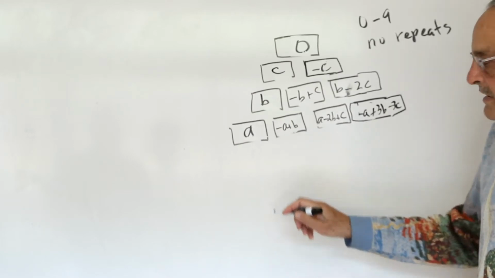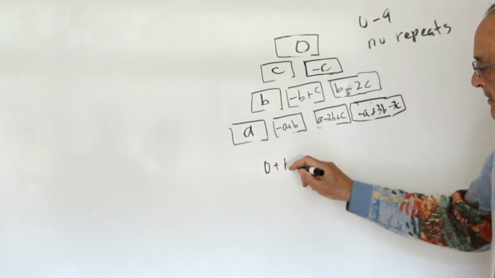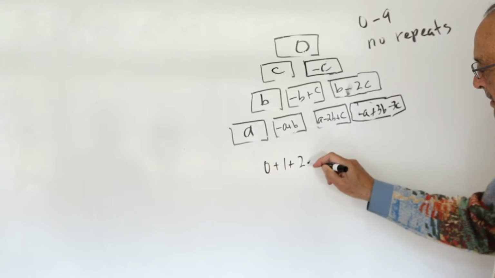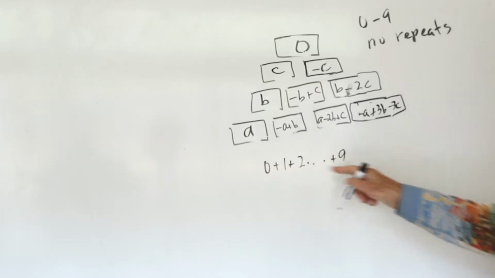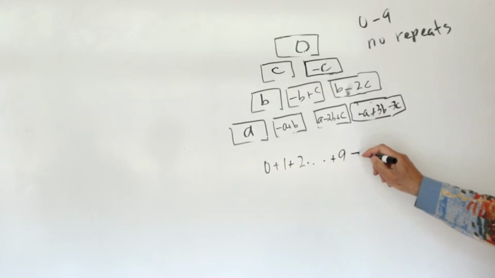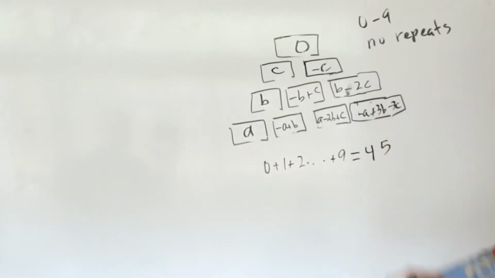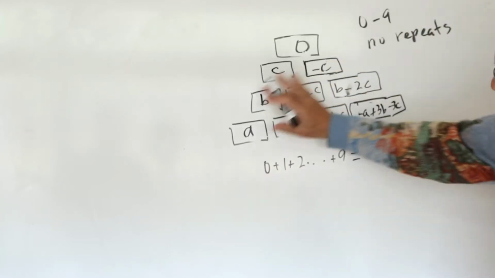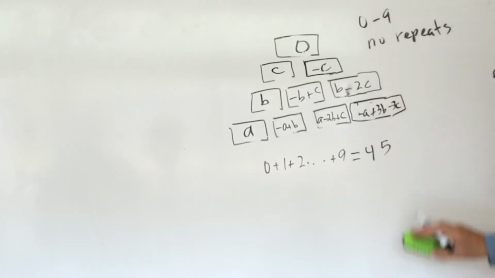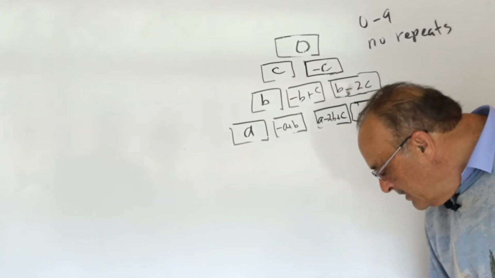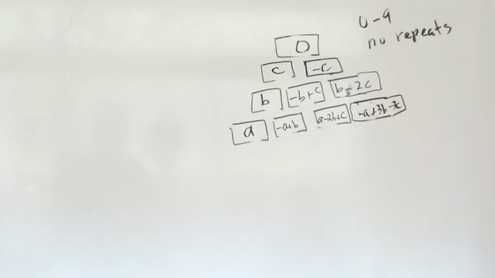If you add up all the numbers 0 through 9, you get 45. But on the mod 10 clock, that's just equal to 5. So if you add all this up, it's going to be equal to anything that ends in 5. And one nice thing about adding is you get to cancel things.